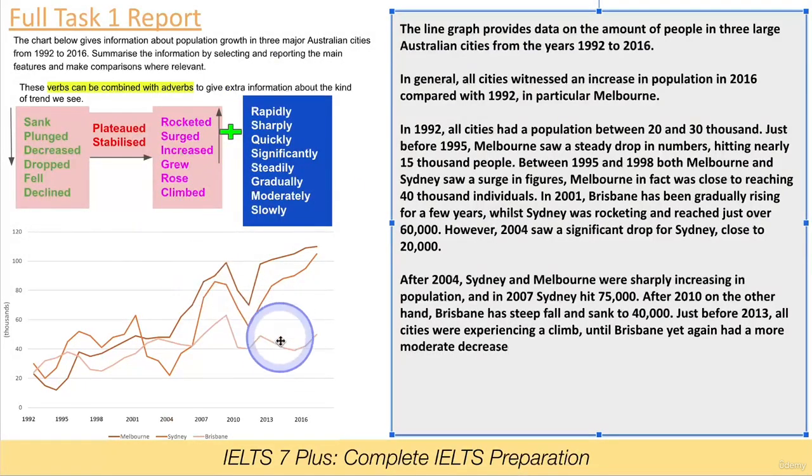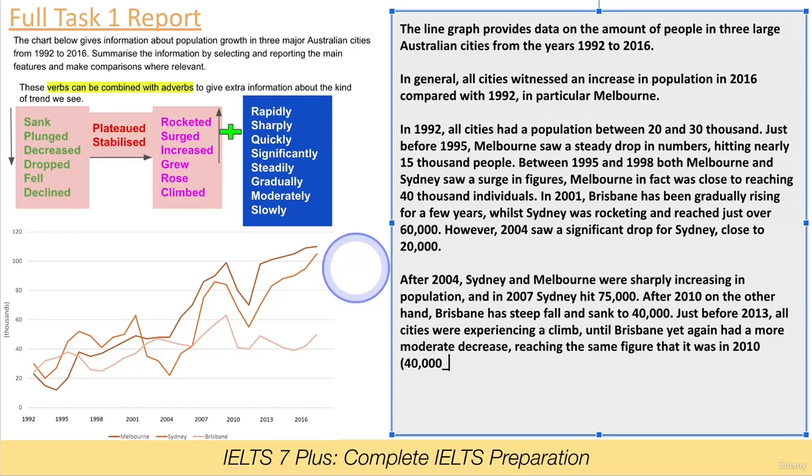Can we put in a figure here reaching 40,000? Reaching the same figure that it was in 2010, 40,000. We can use a bracket here. Okay, how can we round this up?